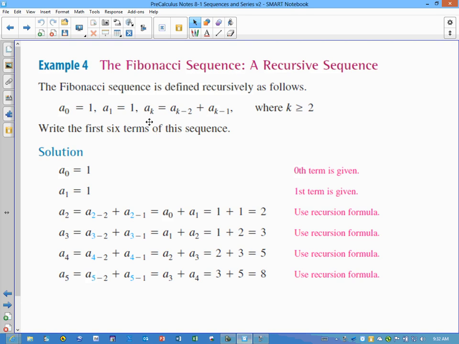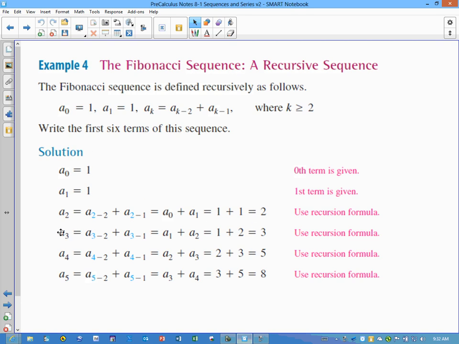So if a sub k is the term you want, then k minus 1 is the term just before it, and k minus 2 is the term just before that one. So to get a term, you simply add the two previous terms. So if a sub 0 is 1 and a sub 1 is 1, then the next term, a sub 2, I get by adding these two terms. 1 plus 1 gives me 2.